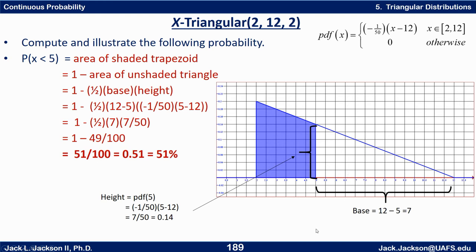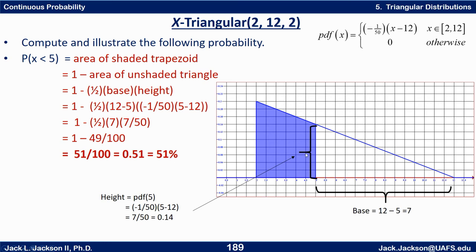The base of that unshaded part goes from 5 to 12, so that's a distance of 7. 12 minus 5, 7 for the base. And then the height is the PDF of 5. So that's why we needed this formula, to find heights like this. Just plug in 5 here. 5 minus 12 is negative 7, times negative 1/50th is positive 7/50ths.